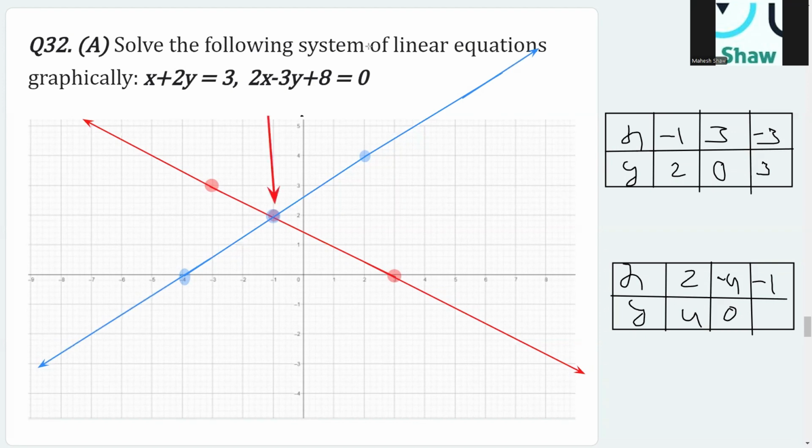So what is its coordinate? It is minus 1, comma 2. So we'll say x is equal to minus 1 and y is equal to 2 is the solution. As you know, two intersecting lines always have a unique solution. So this is how the first part of 32 is done.